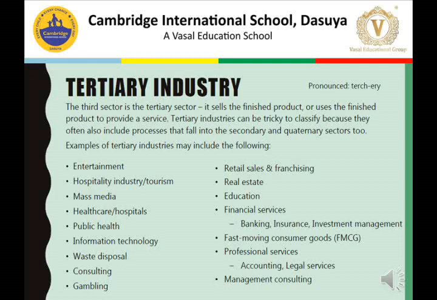The examples are entertainment industries, hospitality industry, that is tourism, mass media, healthcare or hospitals, public health, information technology, waste disposal, consultancy firms, gambling, retail sales and franchising, real estate, education, financial services like banking, insurance, investment management, then FMCG. FMCG means fast moving consumer goods. Then professional services like accounting, legal services, then management, consulting, etc.